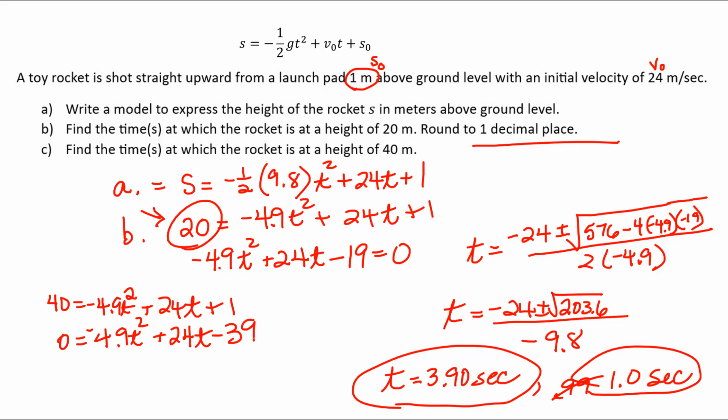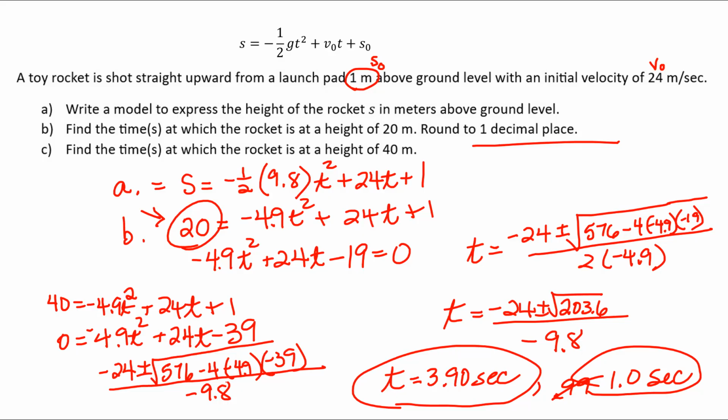And I will use the quadratic formula again and punch that all in. So I will have negative b plus or minus the square root of b squared minus 4ac, all over 2a.